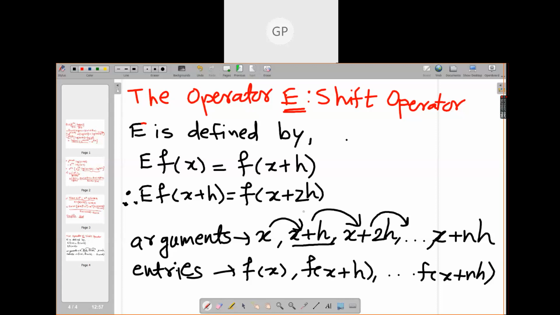Getting it, write down that. The shift operator E is defined by E fx is equal to f of x plus h.